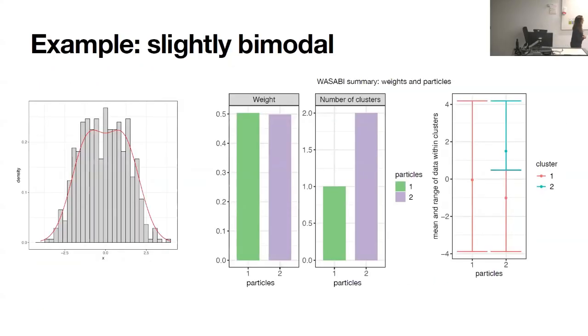What we get instead when we use WASABI in this example, where we picked just 2 particles: the one with the highest weight, slightly above 0.5, is just that one-cluster solution, but with a little bit less than 0.5, we have another clustering solution with 2 clusters that basically splits the data based on whether they're positive or negative.